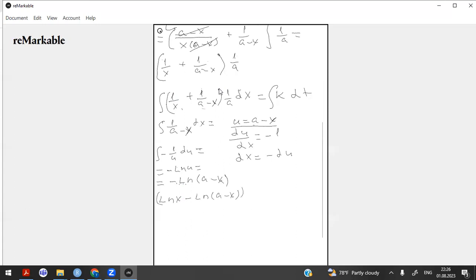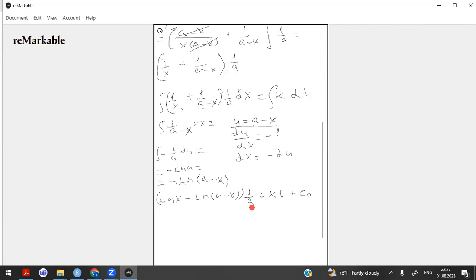And all this thing multiplied by 1 over a. So this we have here. And what is the integral of k dt? We will have kt, k is a constant, plus some c, let's call it c0. Okay.